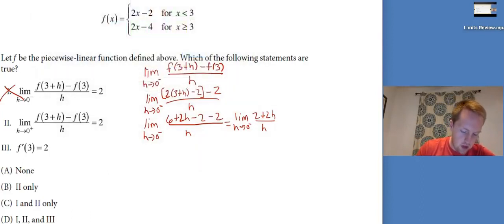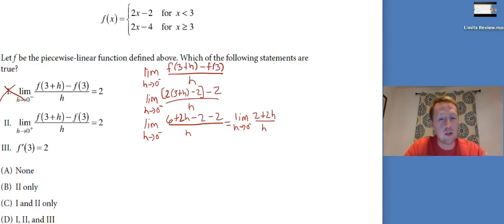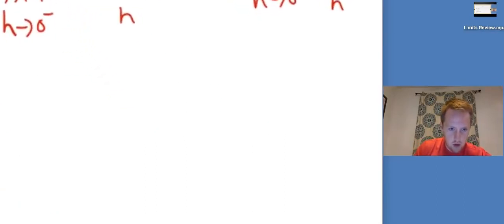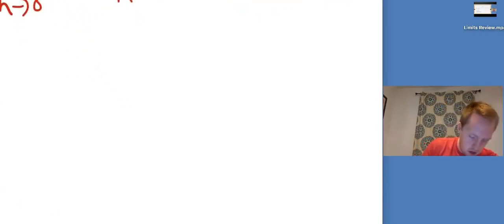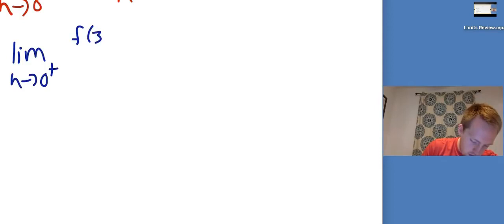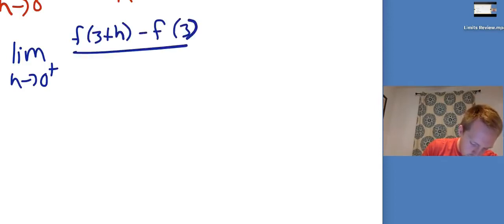Okay, now we're going to do the limit as h goes to 0 from the right of the same thing. The only thing that's going to change is instead of using the 2x minus 2, we're going to use the 2x minus 4. Again, I'm going to zoom in so I've got a nice big amount of space. Take the limit as h goes to 0 from the right for f of 3 plus h minus f of 3 over h.